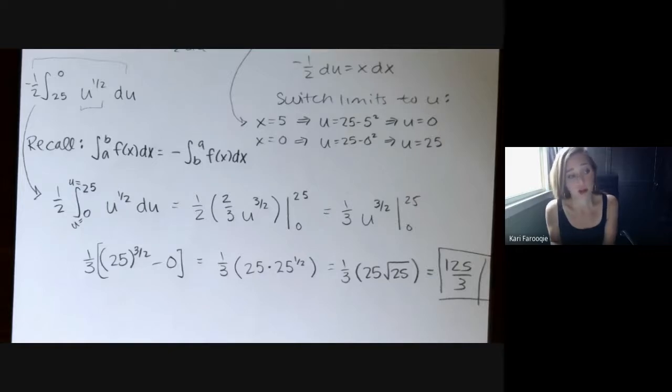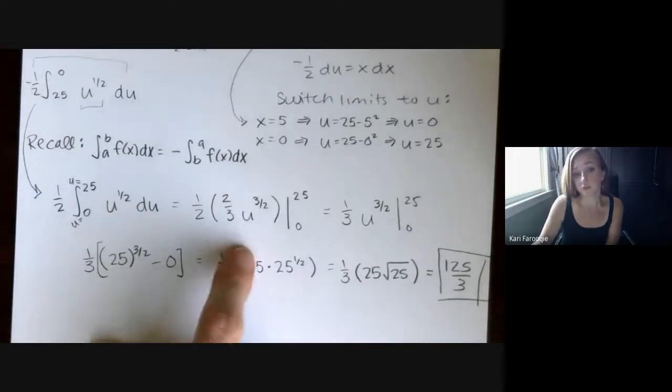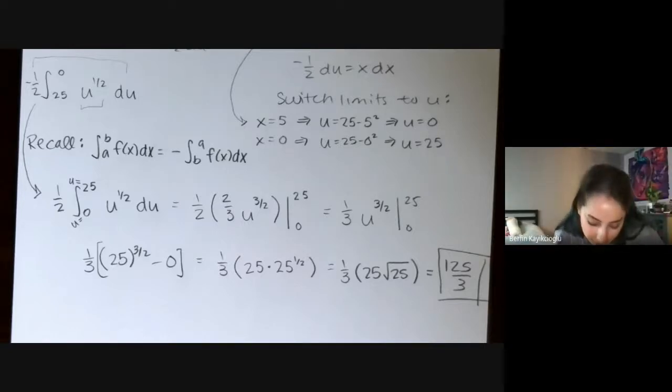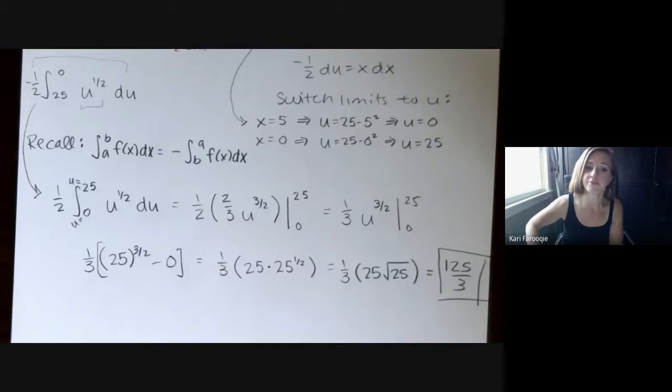When I was in college, my teachers always did this. They did not back substitute, ever. I don't know. It's just cleaner, I guess. Is that a good enough explanation?